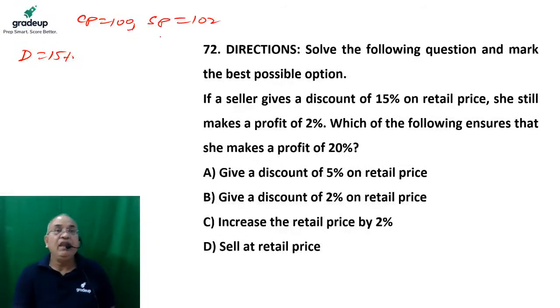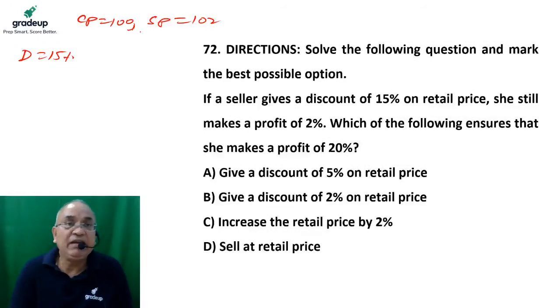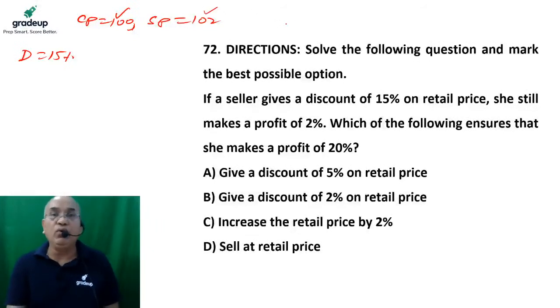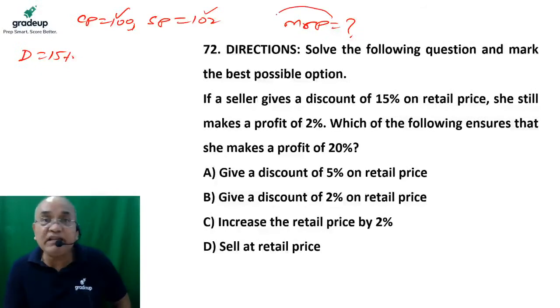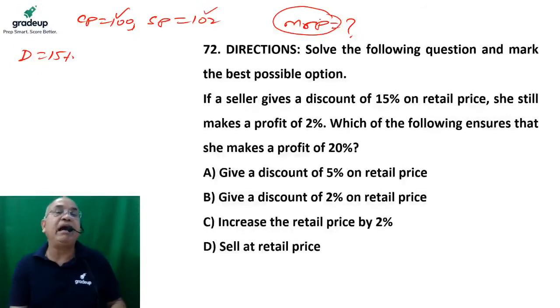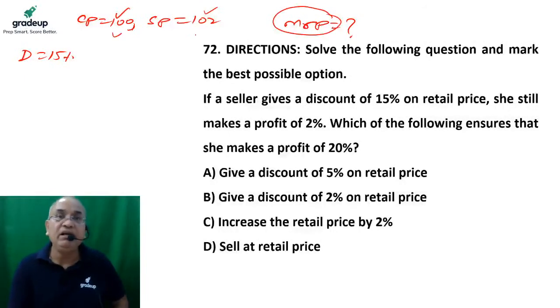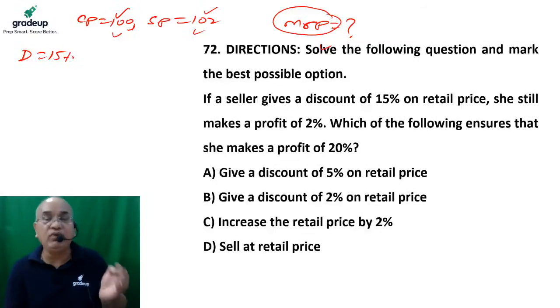Now, the cost price is 100, the selling price is 102, and the retail price, which is the MRP, is something else. The discount of 15% is given on this. Every price is 100% of itself: 100 is 100% of itself, 102 is 100% of itself, and the MRP, whatever it was, is 100% of itself.